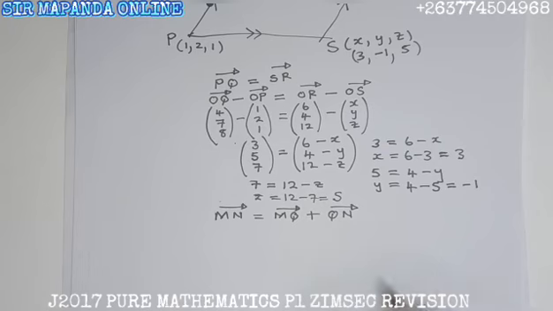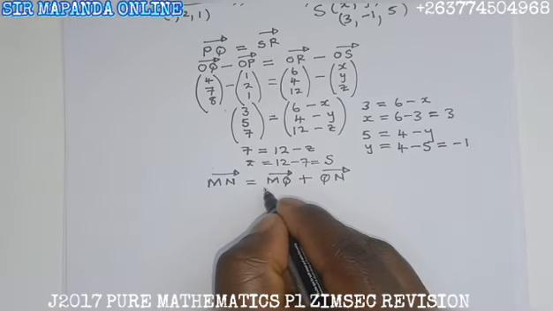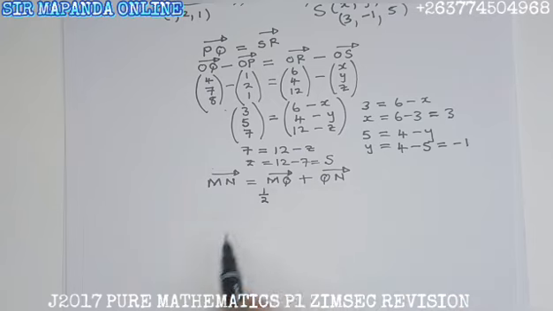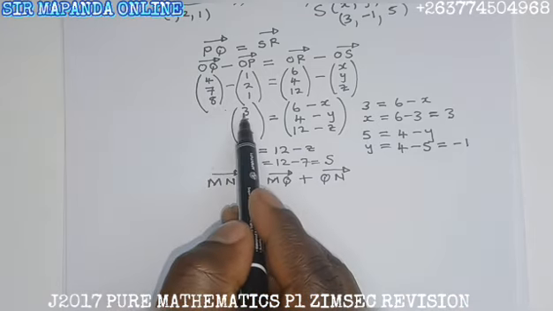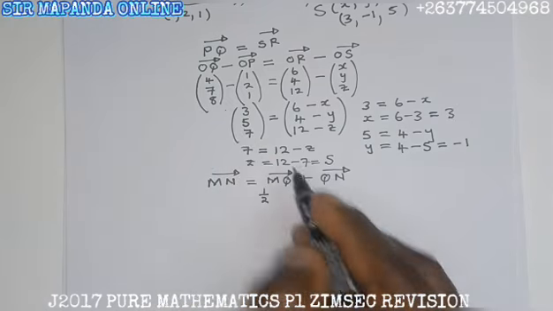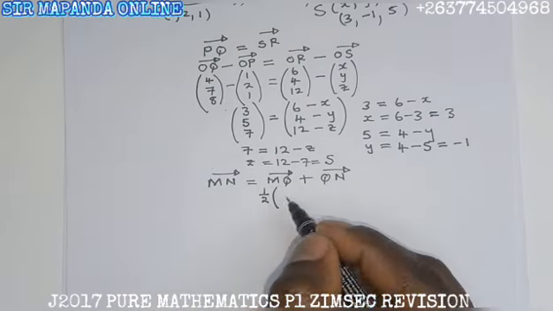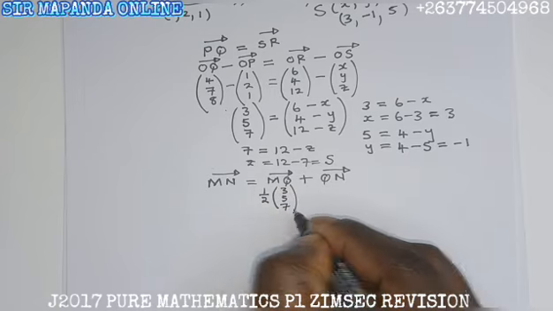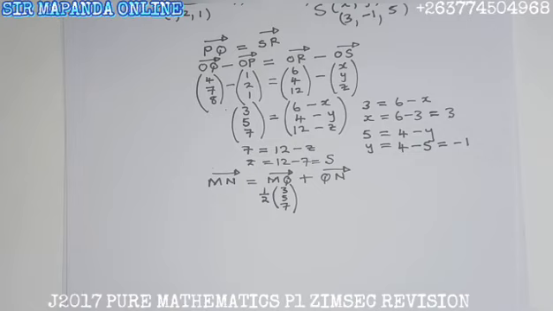So what is MQ? MQ is half of PQ, of which PQ is (3, 5, 7). So half of (3, 5, 7) is your MQ. I hope you are following, right?